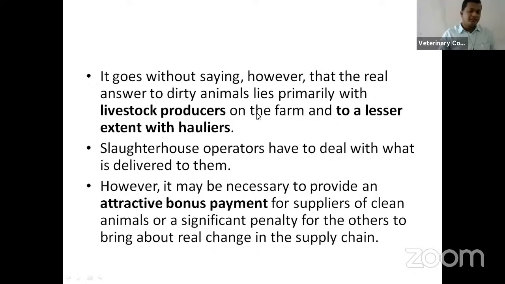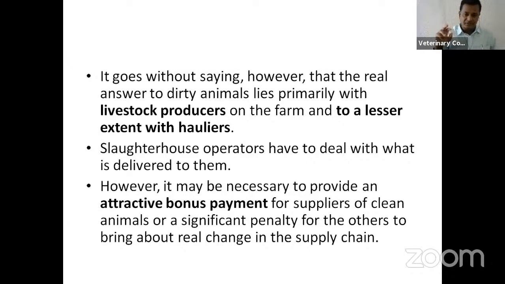Whose responsibility is it to provide the clean animals to the abattoir? The responsibility lies with the livestock owners, livestock producers. Second is the haulers and transporters. That is why there should be differentiation between a good supplier, the person who supplies animals in a hygienic, clean way, and those who supply excessively dirty animals to the slaughterhouse.